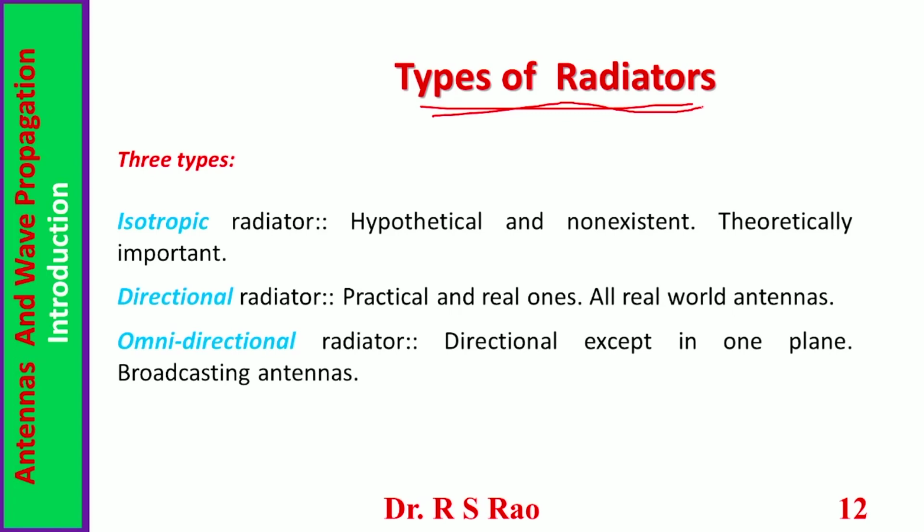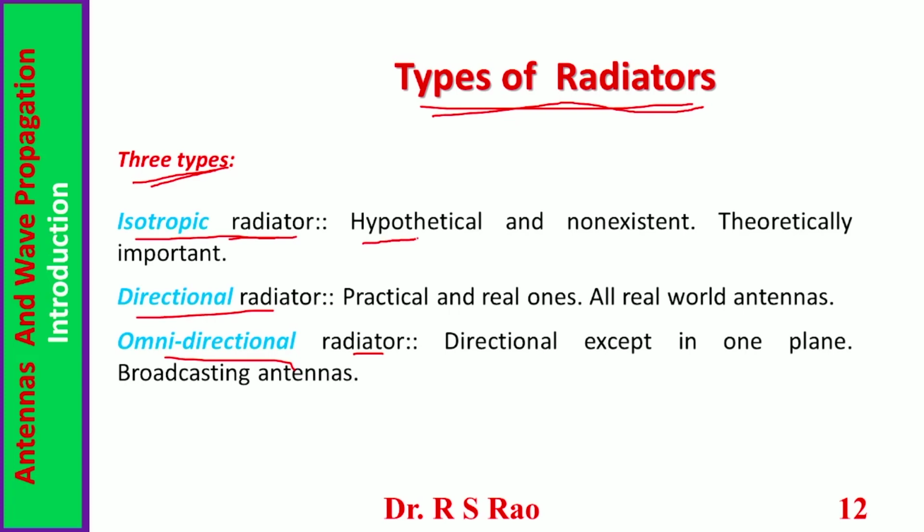Types of radiators. Several types of radiators are used. While studying antenna theory, we come across certain radiators. They are basically three types: isotropic radiator, directional radiator, omnidirectional radiator. What is an isotropic radiator?